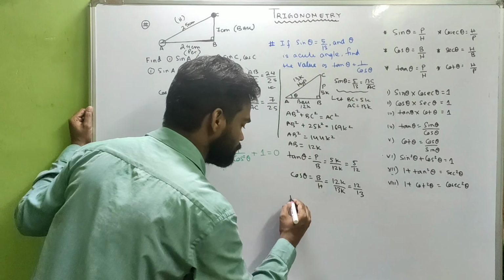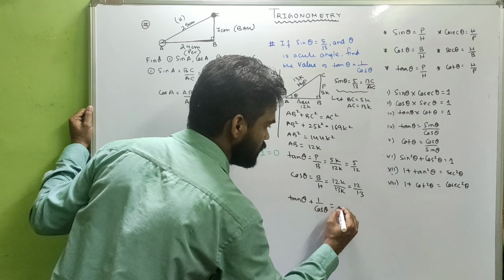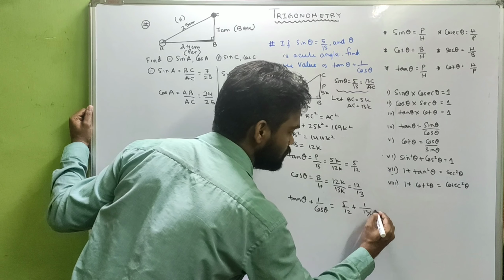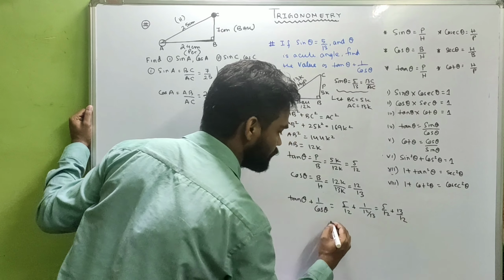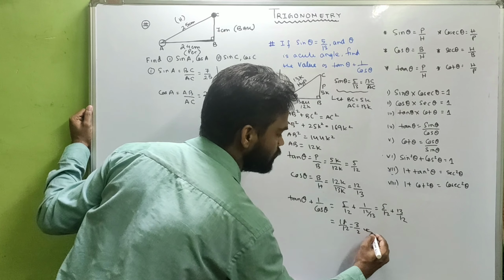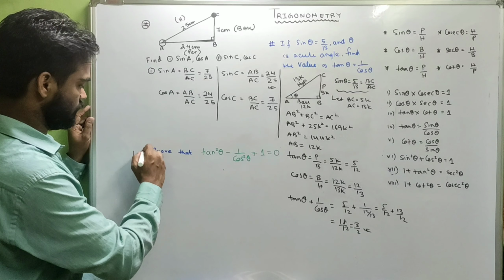Now find this, tan theta plus 1 by cos theta, so that's 5 by 12 plus 1 by 12 by 13, so that's 5 by 12 plus 13 by 12, which is 18 by 12 if I'm not wrong, which is 3 by 2. So that's your answer.